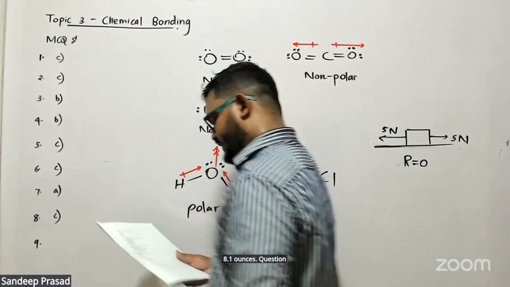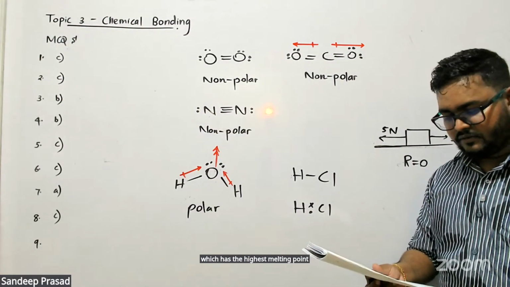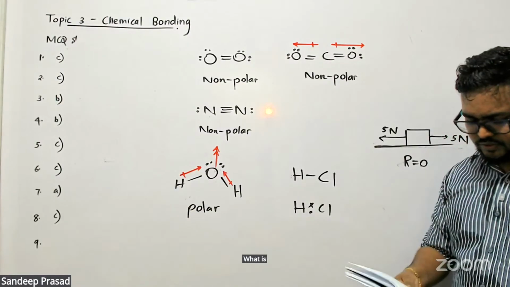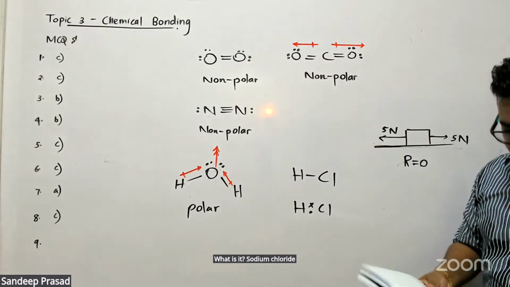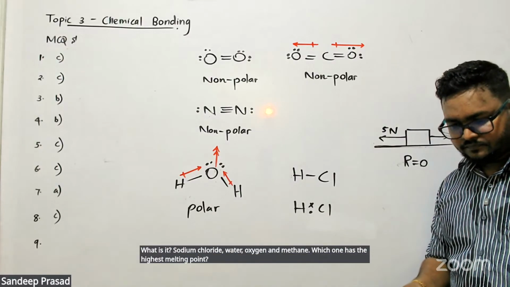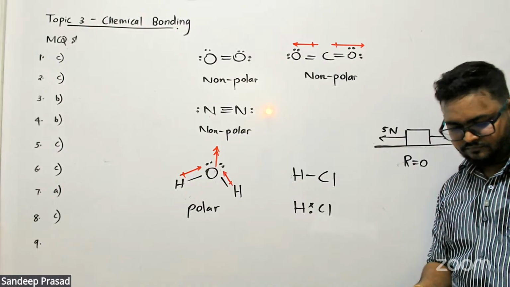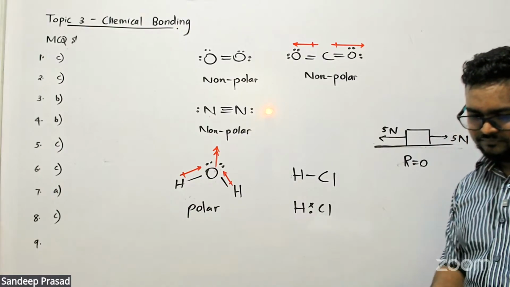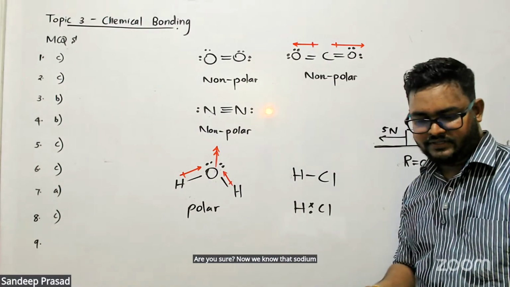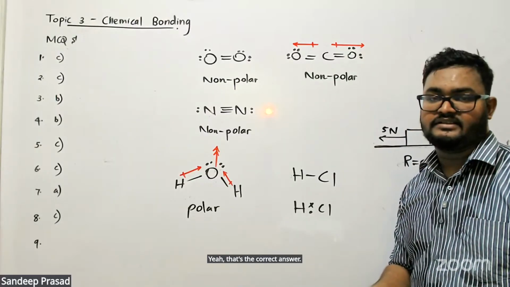Question number 9. Which has the highest melting point? Sodium chloride, water, O2 or methane? Which one has the highest melting point? Now we know that sodium chloride has ionic bonds, so A is the correct answer.